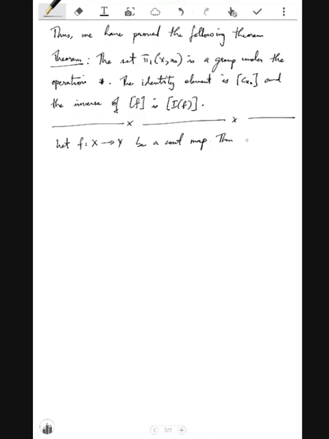Then there is a map f lower star from loops at x0 to loops at f of x0, given by, so we have 0, 1 to X. Let's say we have a loop gamma. So I can just compose it with f.